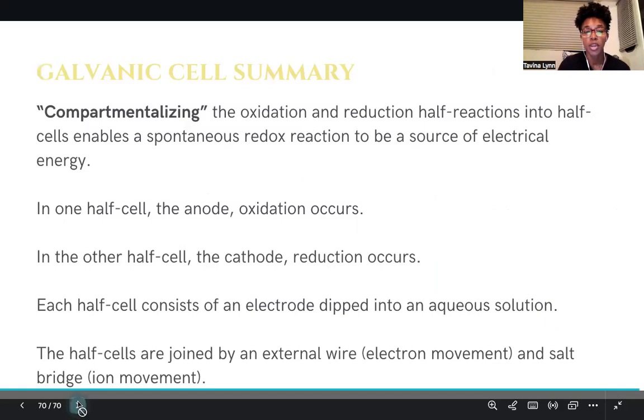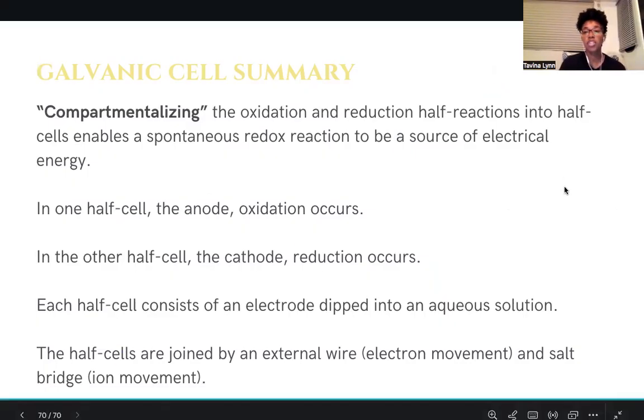All right, so summarizing what we've learned about galvanic cells. The types of reactions that we are looking at are redox reactions. So we have oxidation and reduction half reactions in each half cell.